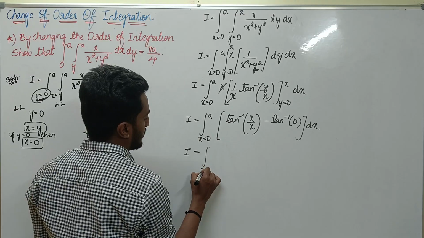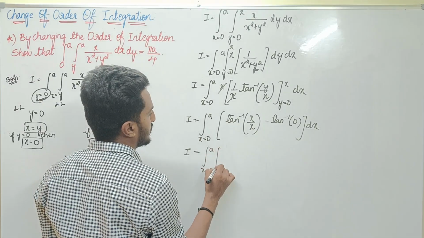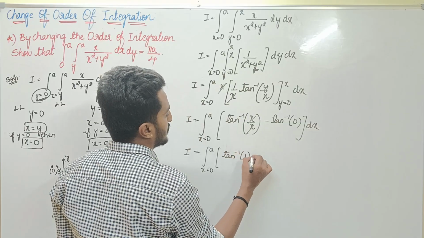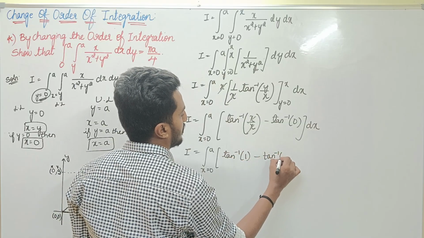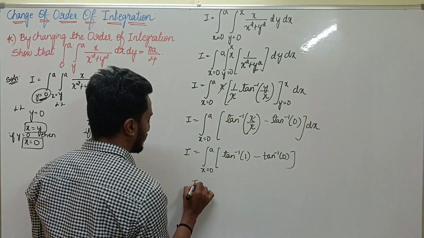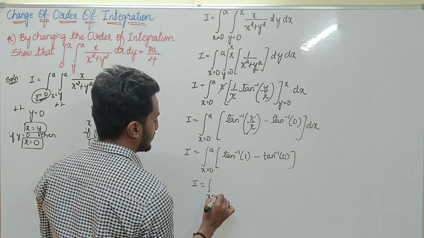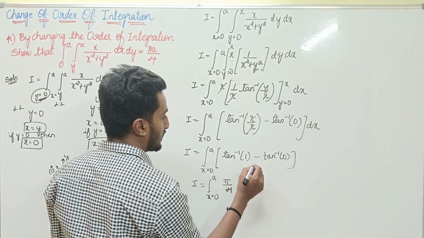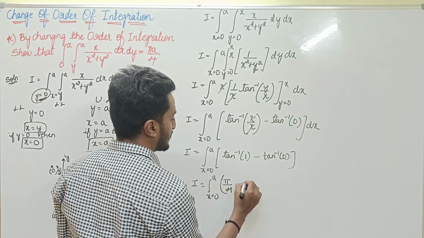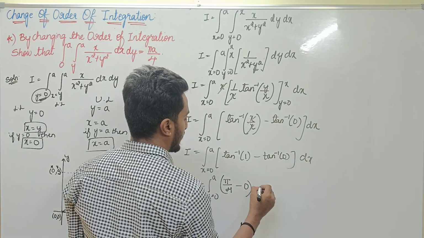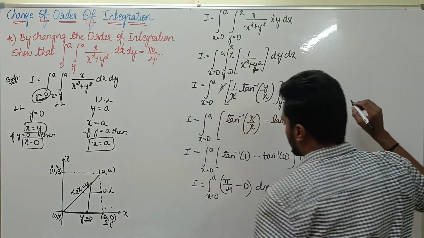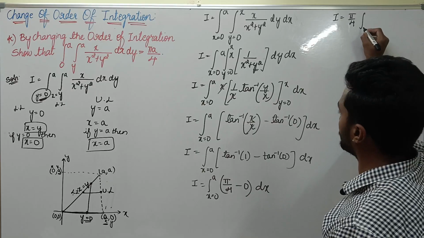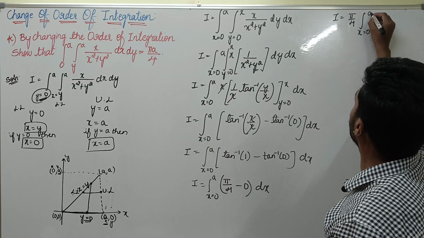I is equal to x varies from 0 to a, x gets cancelled, tan inverse of 1 minus tan inverse of 0. What is tan inverse of 1? Pi by 4. Tan inverse of 0 is 0. Pi by 4 remains constant. I is equal to pi by 4 into the integral of 1 dx from 0 to a.